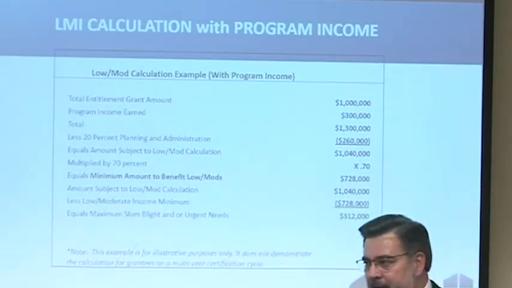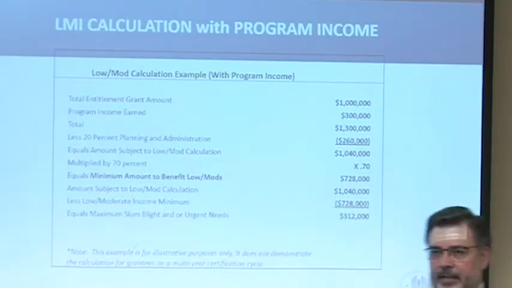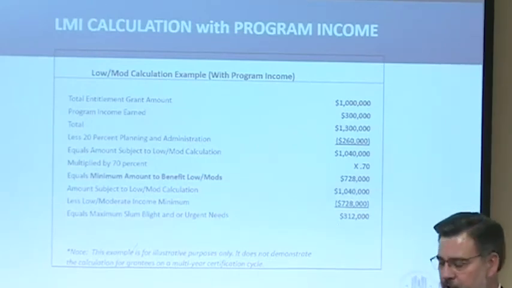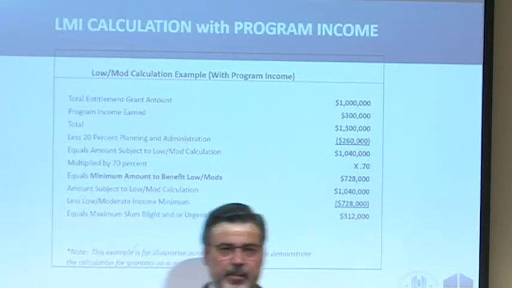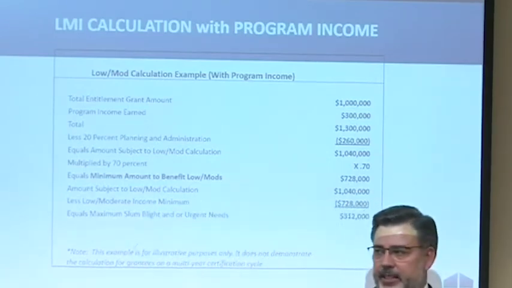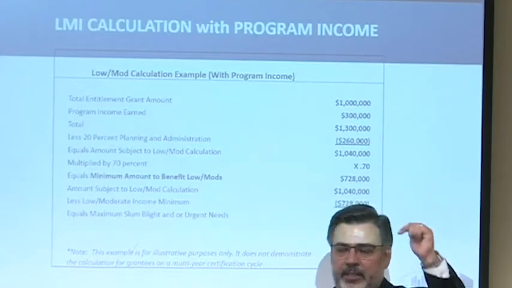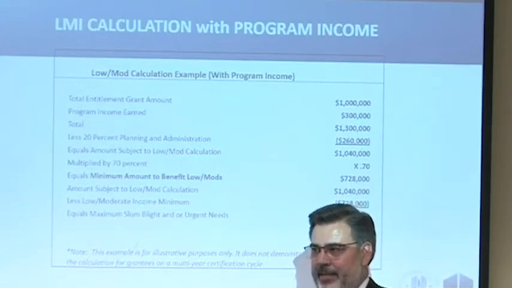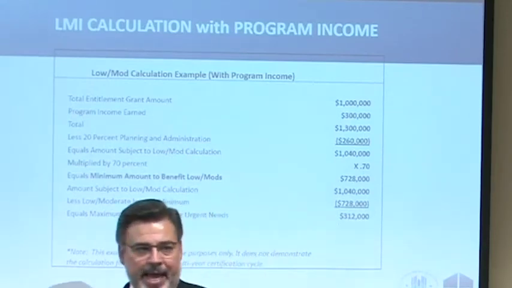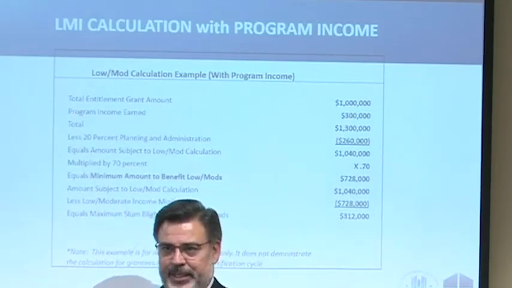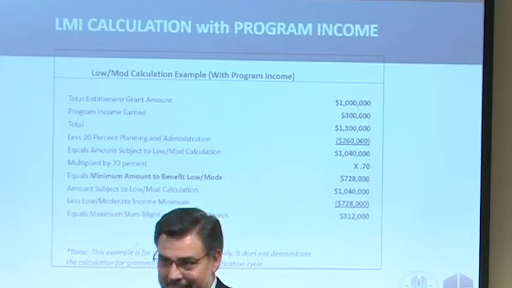So for admin, let's say we're in the 16-17 program year, right? I'm a July 1st through June 30th grantee. So I'm still in my 16-17 year. And I receive program income today. I can take 20% of that and add it to this year's budget. This year.